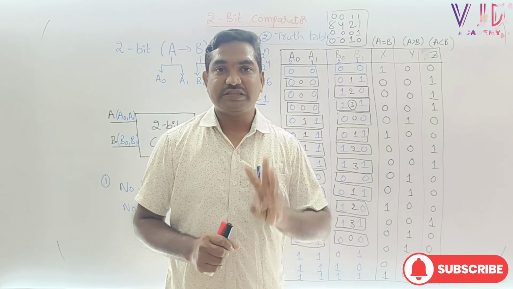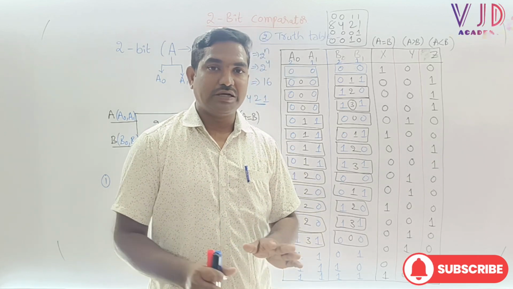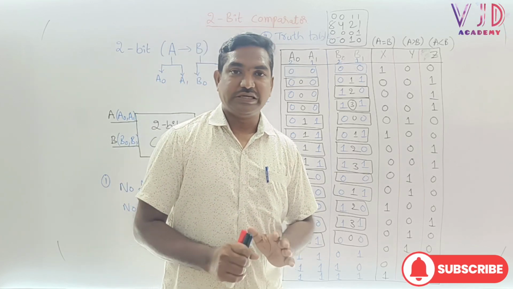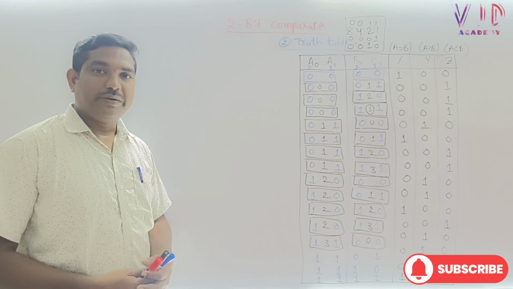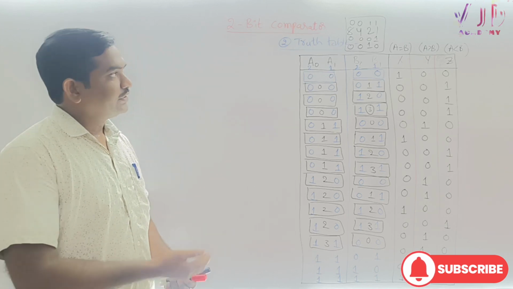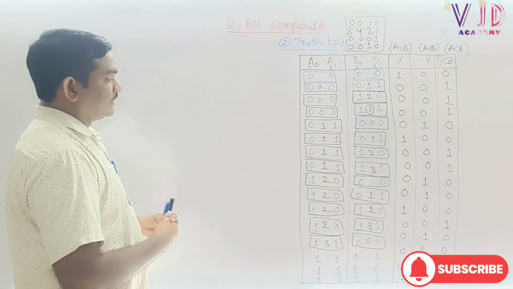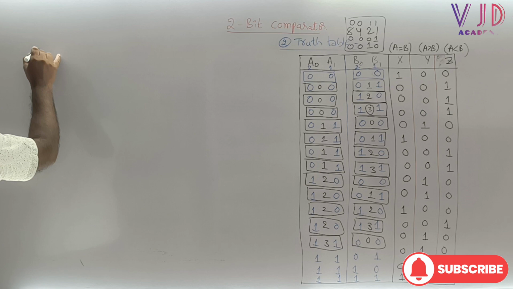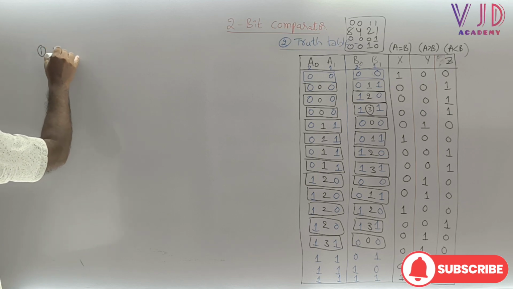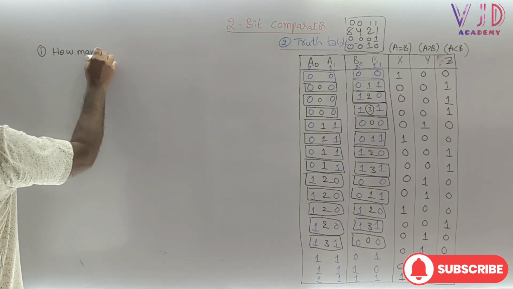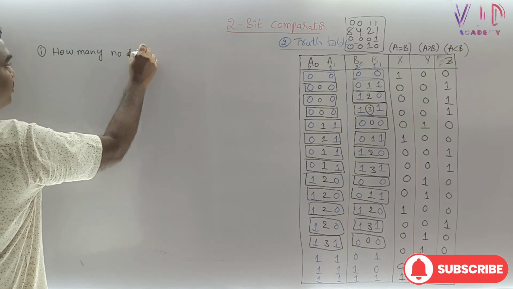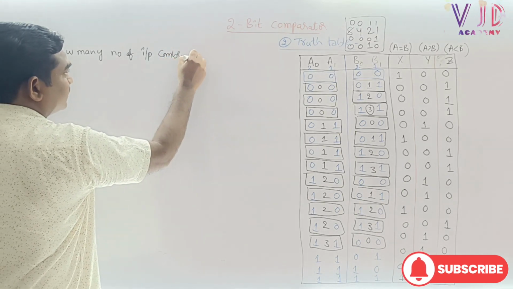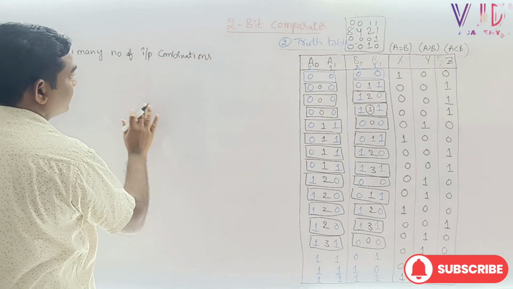Let me teach 3 simple equations to calculate these combinations, the output possible combinations. Let us see the 3 equations. The basic questions we may get using a bit comparator: the first question is, how many input combinations are there?